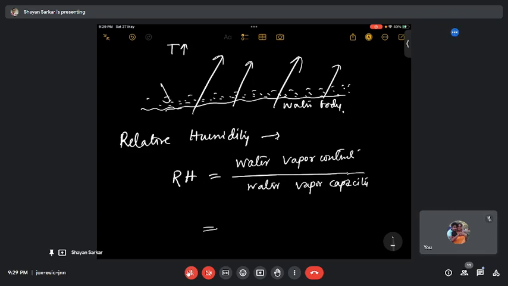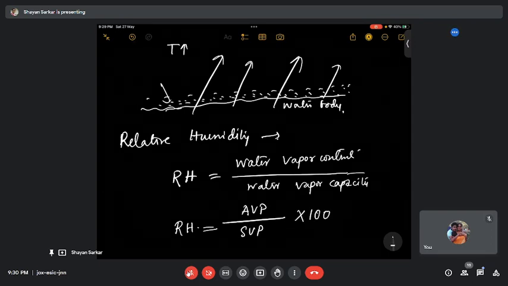Water vapor content means the actual vapor pressure, right? And water vapor capacity means the saturation vapor pressure. Yes or no? So RH equals AVP by SVP multiplied by 100. Okay, we express it in terms of percentage. Clear?